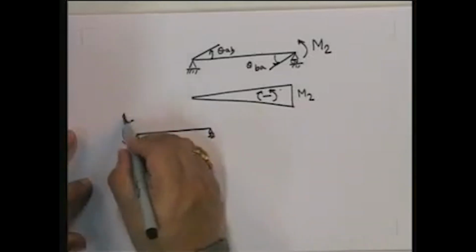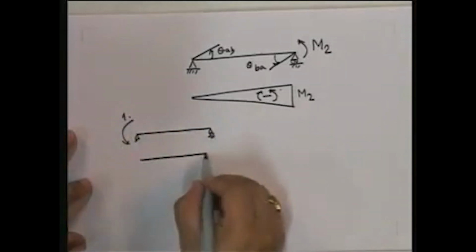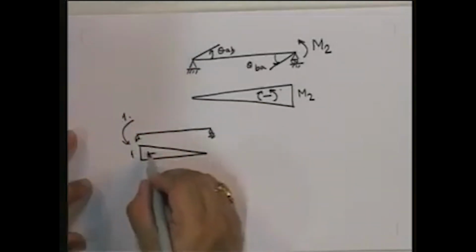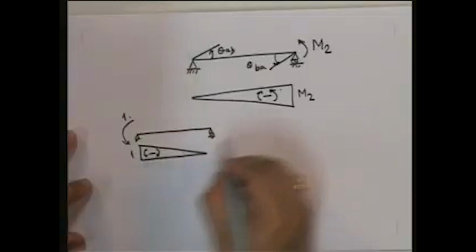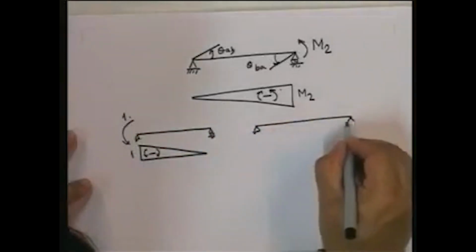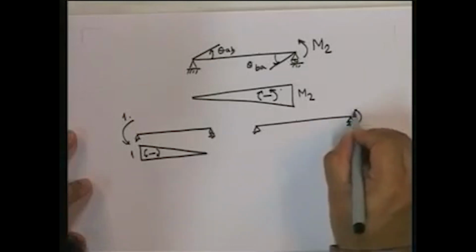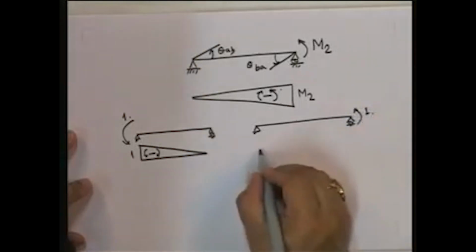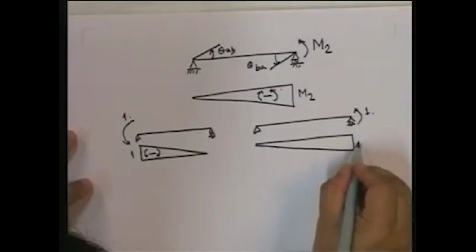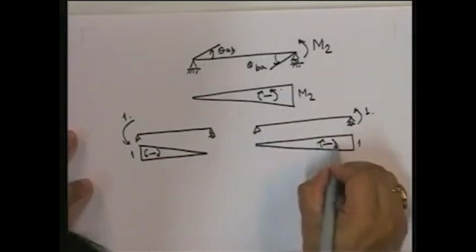Then to find out theta AB, I need to apply moment here, and this is going to be equal to 1 this way, and virtual force here to find out this rotation, this is going to be equal to 1 going this way.